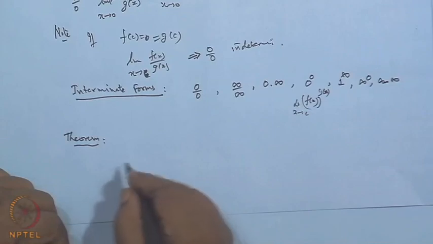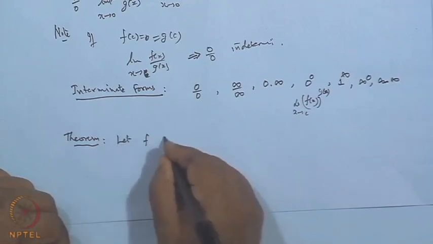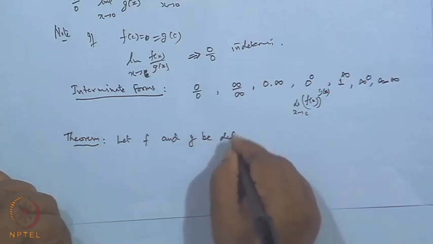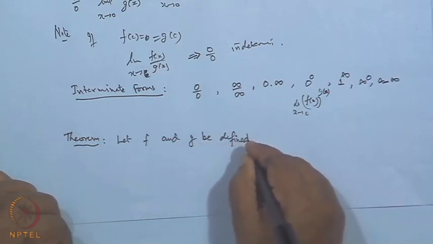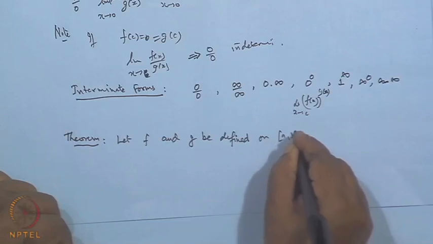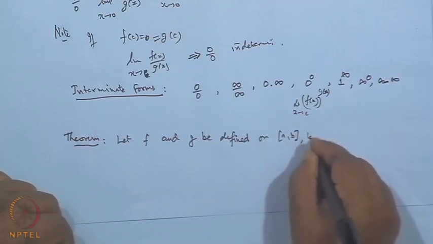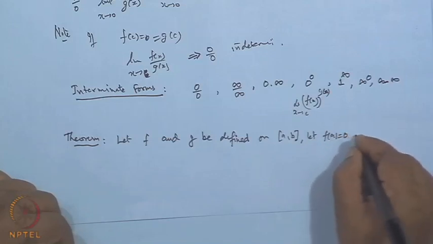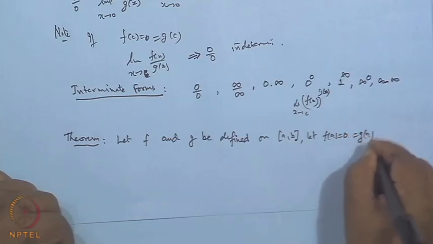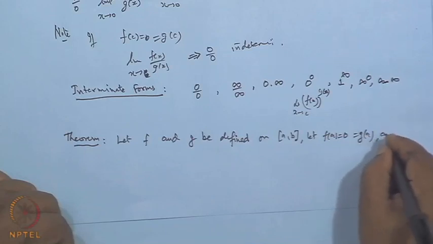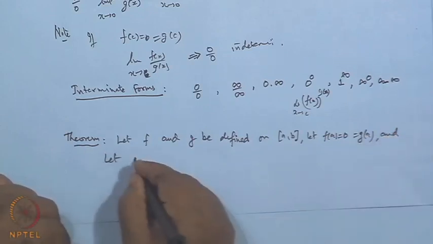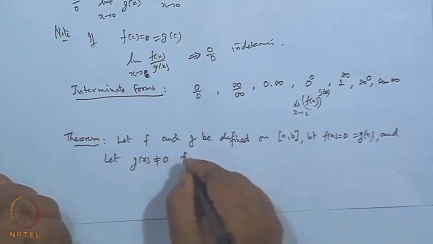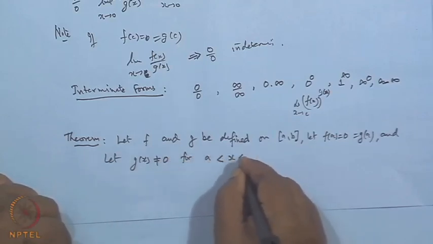What this result says: let f and g be defined on a closed and bounded interval [a, b], and let the value of the function f at the point a be 0, the value of the function g at the point a also be 0, and let g(x) not equal 0 for a less than x less than b.